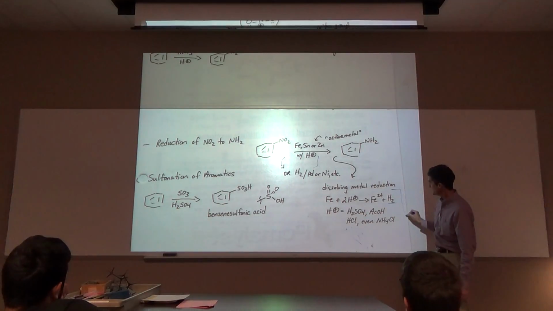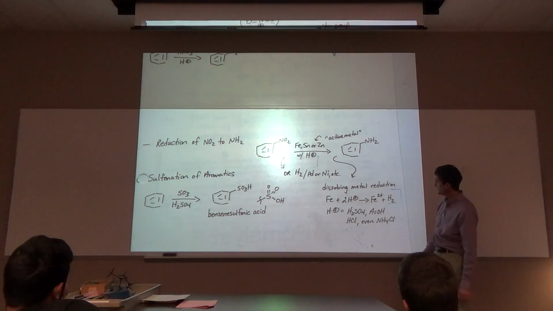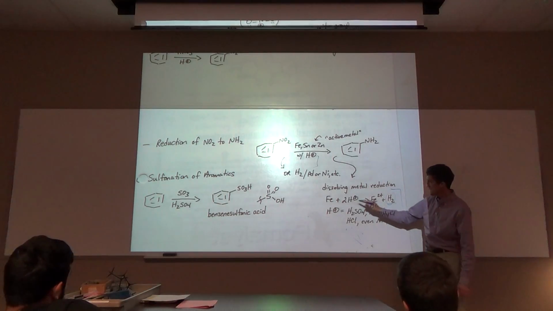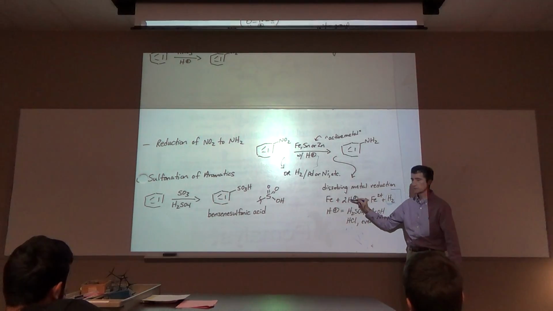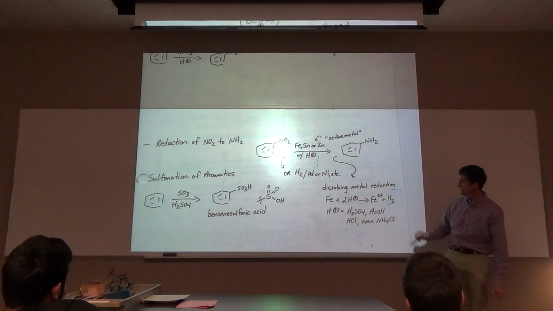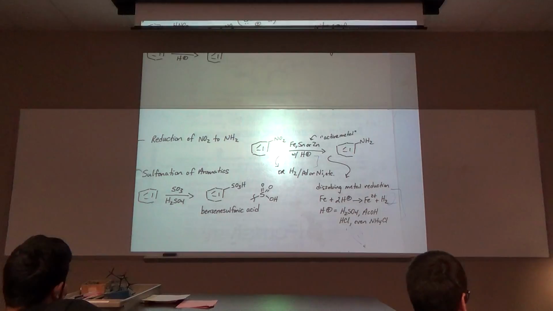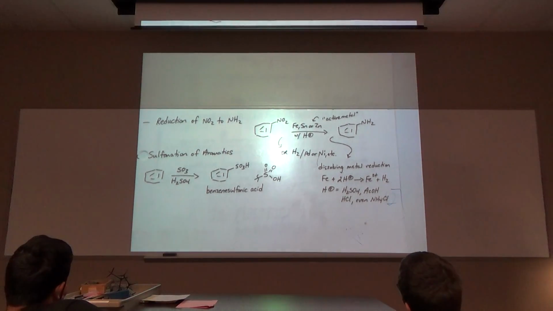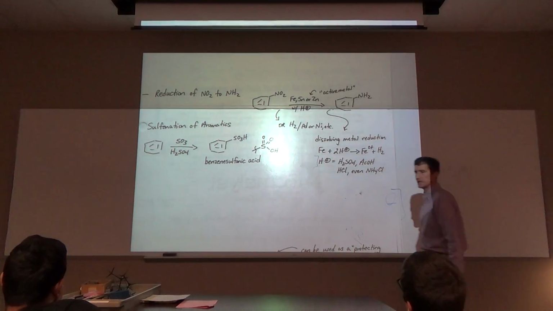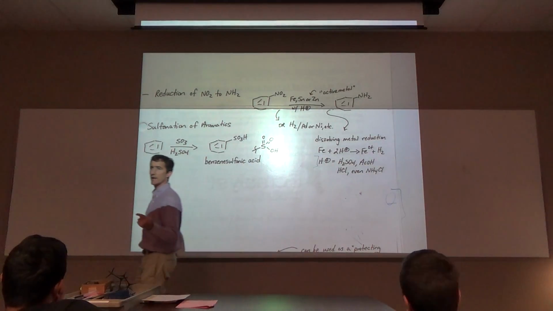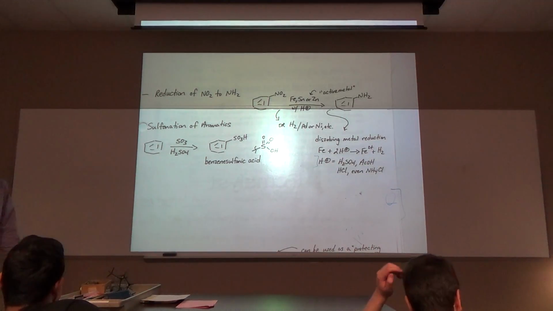I'm just reminding you of this chemistry. And actually, if you want to produce hydrogen in the lab, this is a common way to do it. You treat iron with sulfuric acid, and it'll generate hydrogen. So that's the two-step sequence of nitration followed by reduction to give your amino group.